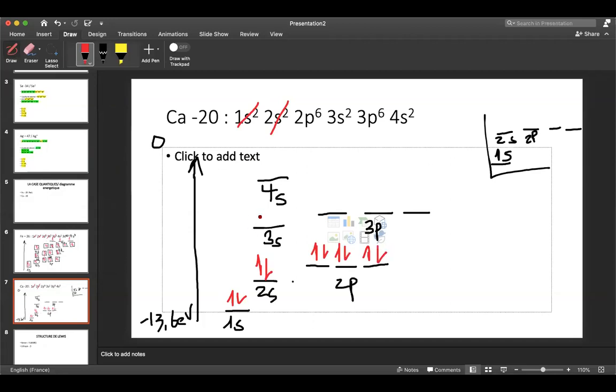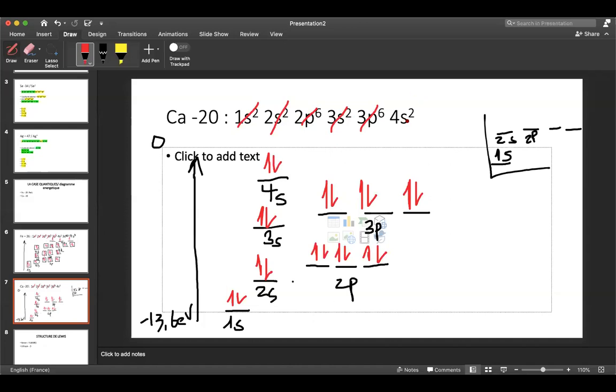So the same thing here. This will be up, down, then this one is gone, and that one is gone, and this one here is also gone. That's up, down, up, down, up, down. And the last one is up, down.